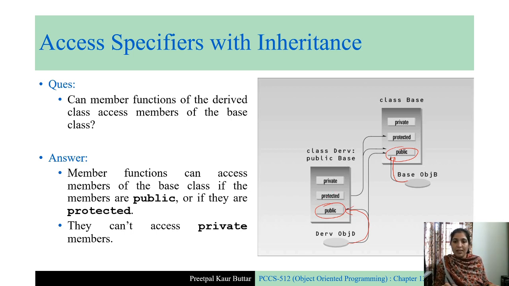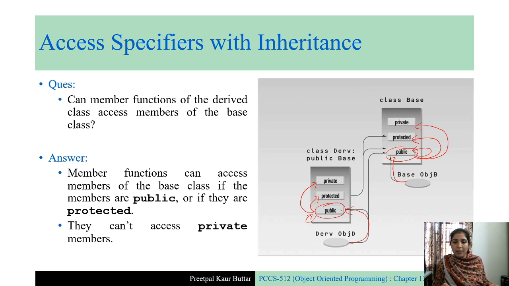Okay, and now let us come inside this class. Inside the derived class, we have public members. So public members, as we have already seen in the previous figure, they can access all the protected, private and other public members. Similar is the case here. The public members can access other public members, they can access protected members, they can access private members of this class.